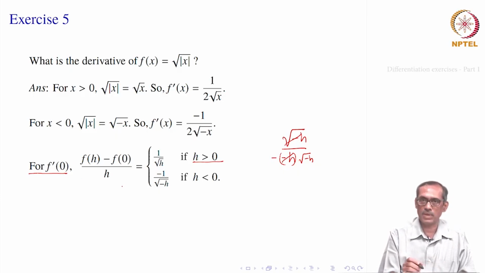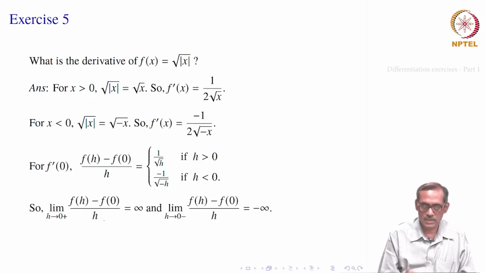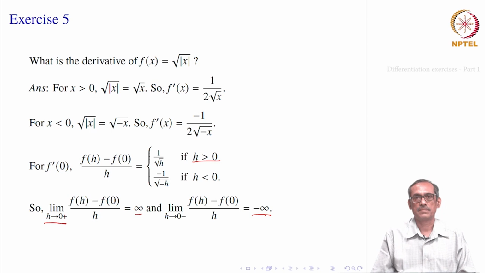To find the derivative, we have to compute the limit of this as h goes to 0, taking the right-hand and left-hand limits. When h goes to 0 from the right, 1 divided by square root of h becomes infinity. When h goes to 0 from the left, it is minus 1 divided by square root of minus h, which gives minus infinity.